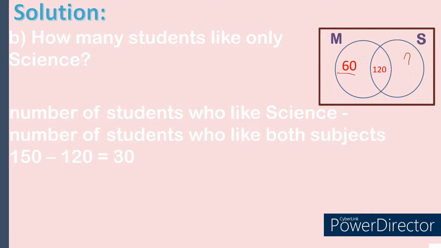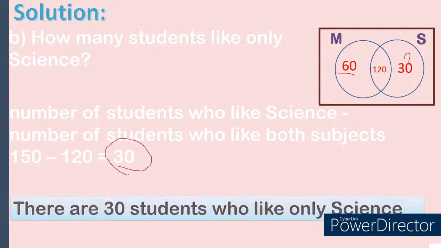Number of students who like science is what that is 150 minus number of students who like both subject, and that is 120. And subtract lang po natin, 150 minus 120 is equals to 30. So there are 30 students who like only science. Okay. Next.